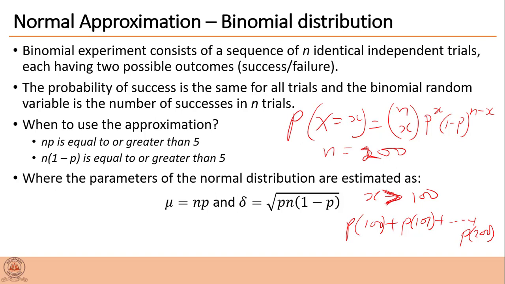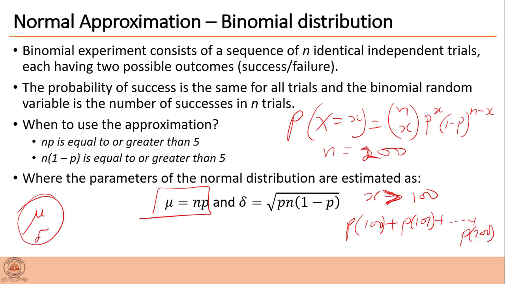Now with the normal approximation, the normal distribution, we need the mean and we need the standard deviation. If the question is given in a binomial form, how do we get the mean and how do we get the standard deviation? This is how we get the mean. The sample size multiplied by the probability of success is equal to the mean.